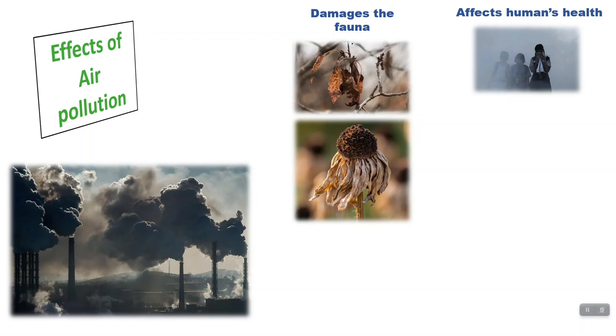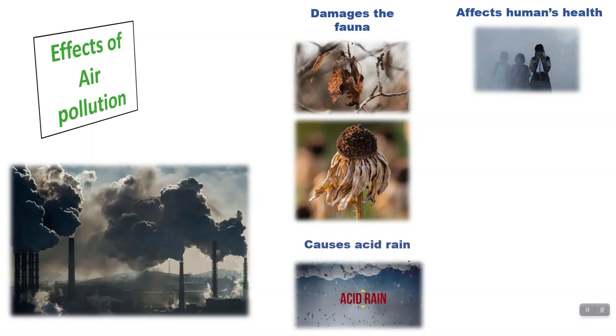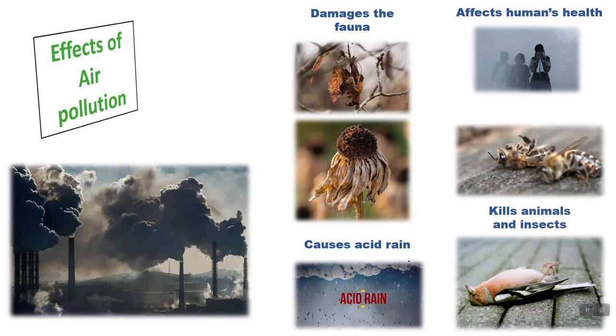Here in Mauritius also, we may have these problems. In some countries, there are many cases of acid rain caused by air pollution. Even insects and animals die due to air pollution.